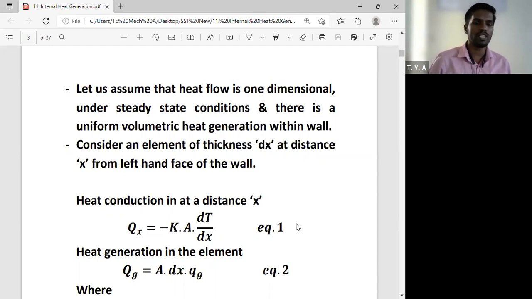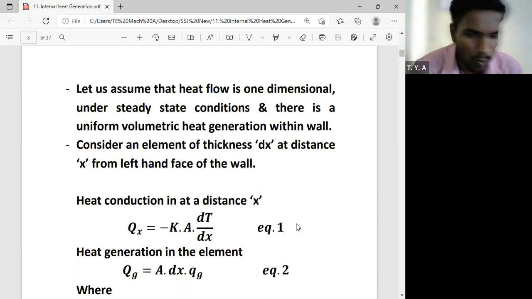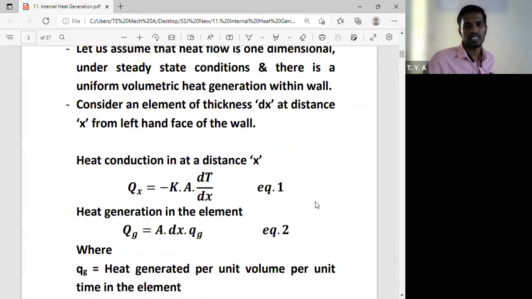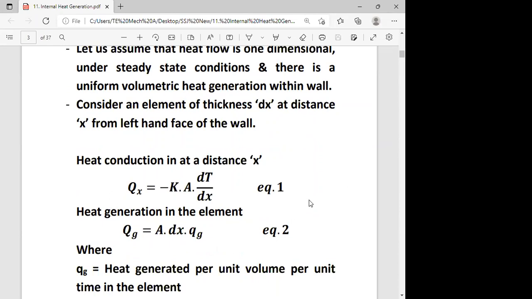Okay, so write down, this is equation number 2. Capital Qg is equal to A into dx into small qg.